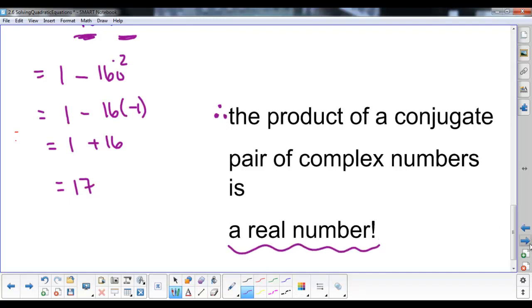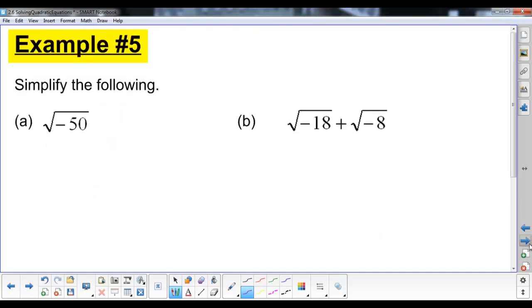Okay, so we'll go ahead and do a little bit more work with negative radicals. So we'll start with the square root of negative 50. Remember, you want to think of two numbers that multiply to 50, and one of which needs to be a perfect square. So for example, negative 50 can be broken down into negative 1 times 25 times 2.